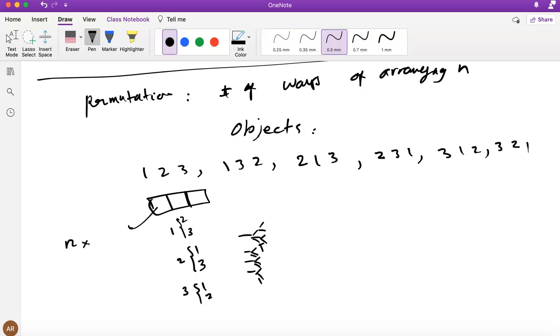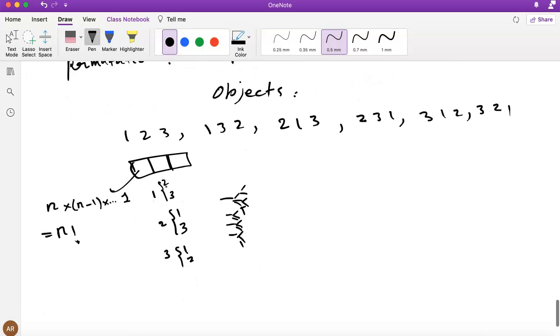Then for the second one, the number of choices is n minus 1. And then we go all the way down, and for the last one it goes to 1, because I've already placed n minus 1, so only 1 is left and I'm left with 1 choice. So this is n factorial, 1 times 2 times 3 up to n. That's the number of permutations of n objects.